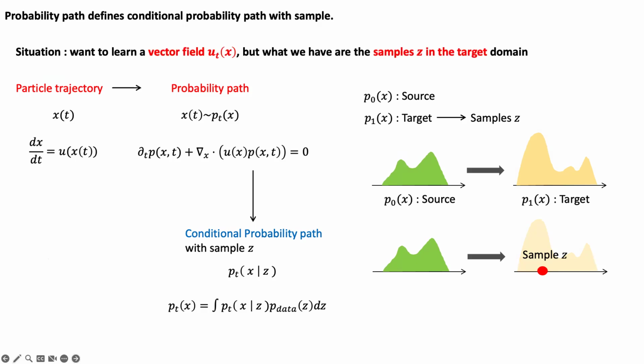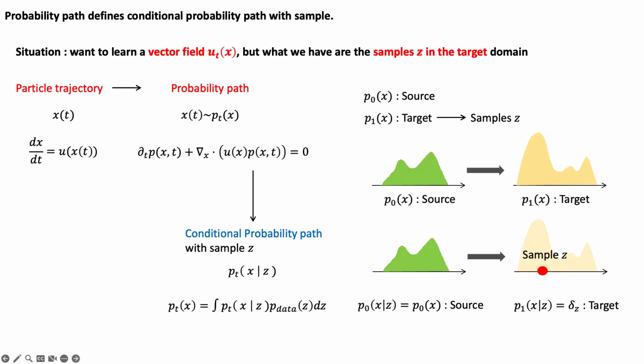Now, if you fix some sample Z, then the conditional probability path starts with the same input, but it ends up with a distribution concentrated on the sample, the Dirac delta at Z. Initially the same, finally concentrated.